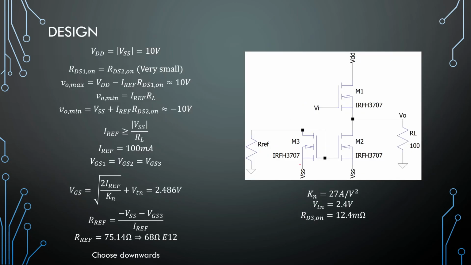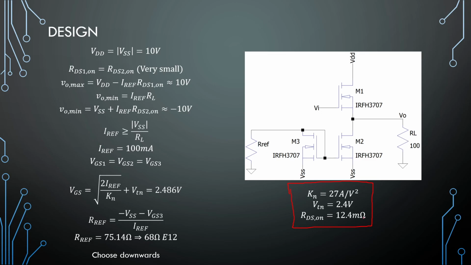Designing wise, for the transistor that I used, our transconductance is 27 amperes per volt squared, our threshold is 2.4 volts, and our RDS on is 12.4 milliohms.